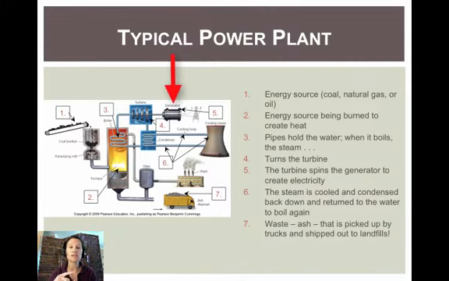So the magnet inside the generator also spins, and the generator has that copper wire in there, so you get that electron movement, which is electricity. That electricity is then captured and sent off to the grid. Now, as the steam comes through the turbine, it starts to cool down and gets sent down into a condenser.